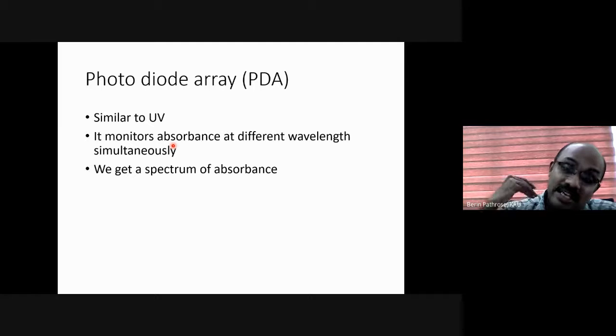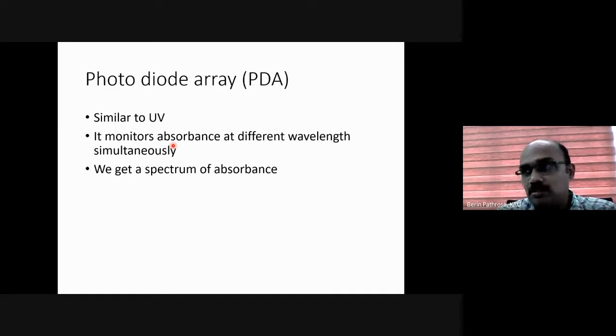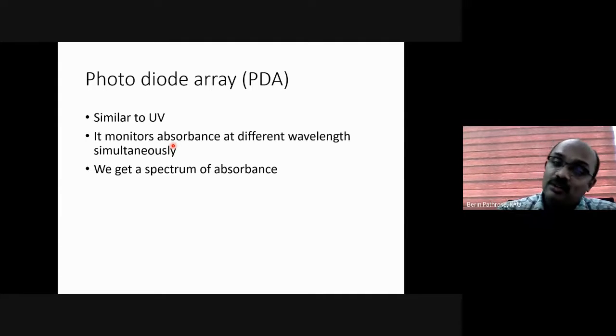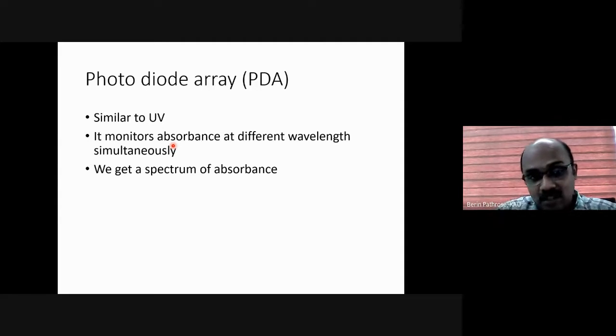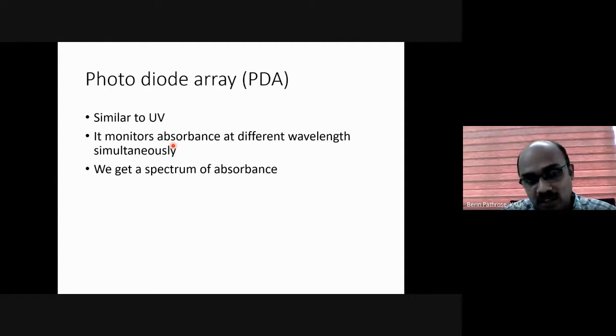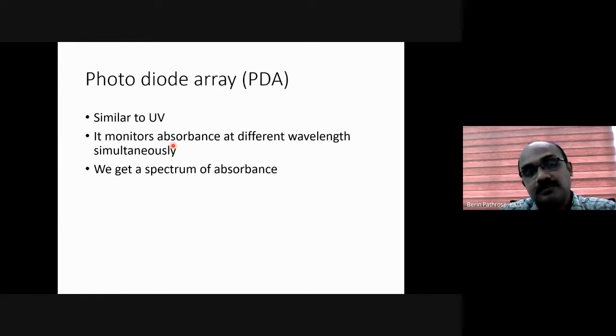That means the entire wavelength spanning from UV, around 200 or 250 nanometers, to about 800 nanometers in the visible part can be scanned by the photodiode array detector.